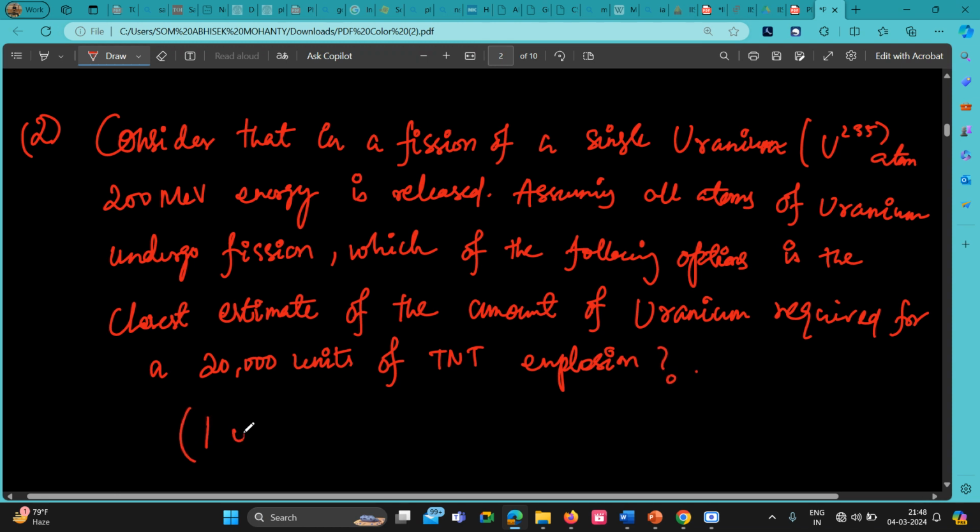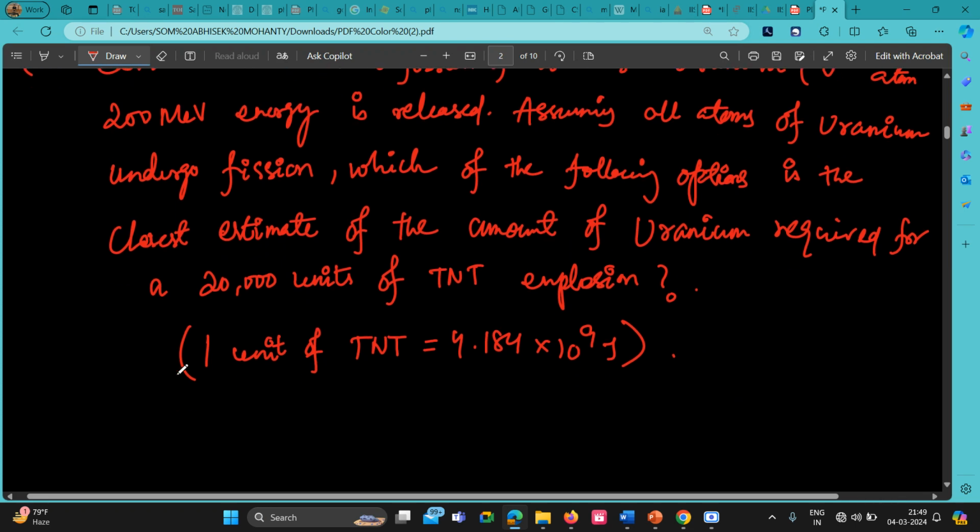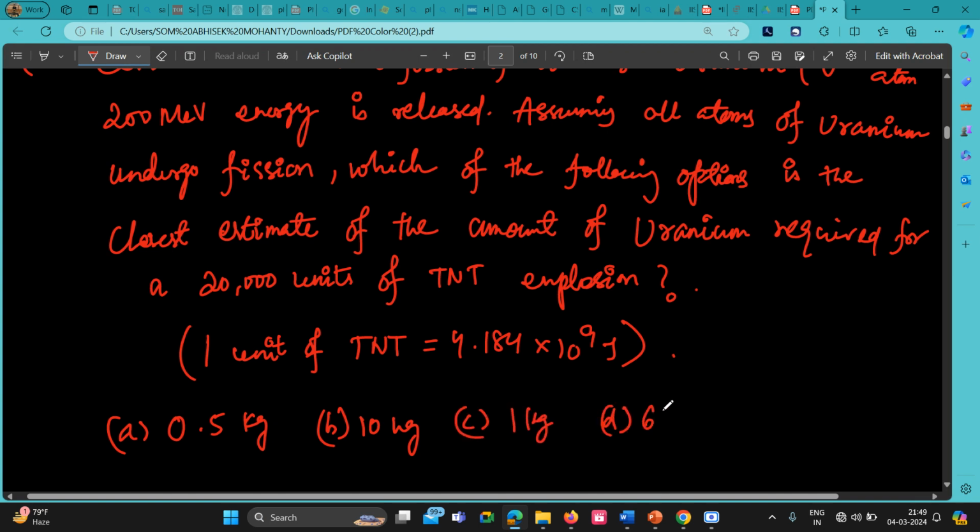Given also, 1 unit of TNT is equal to 4.184 into 10 to the power 9 joule. Okay, it's given in the question. So try. Options are: option A 0.5 kg, option B 10 kg, option C 1 kg, option D 60 gram. So please try.